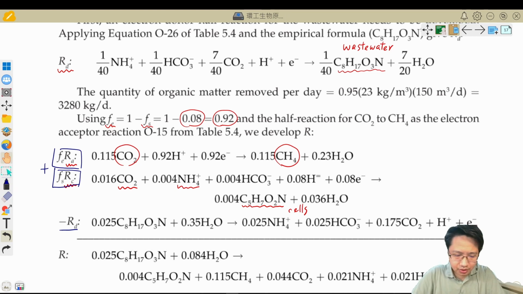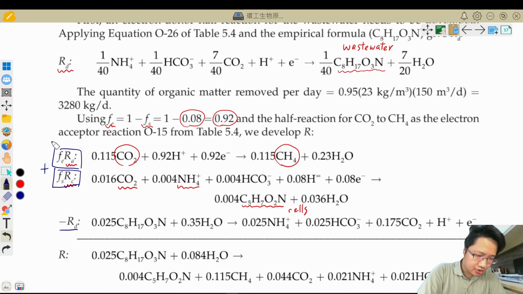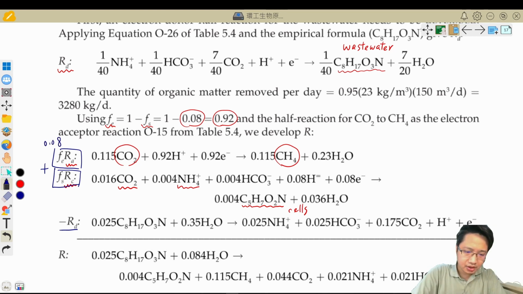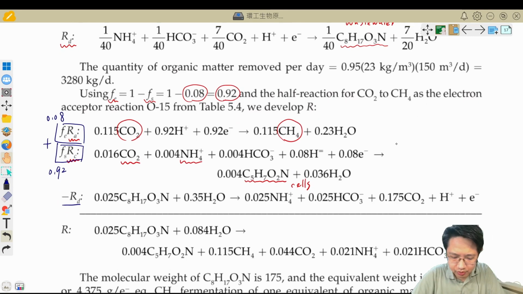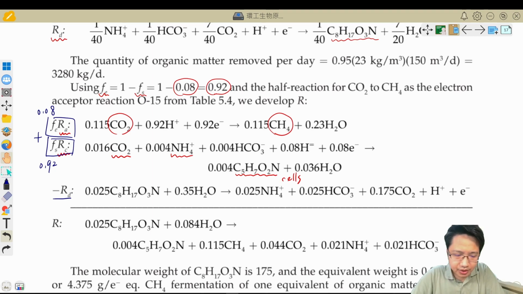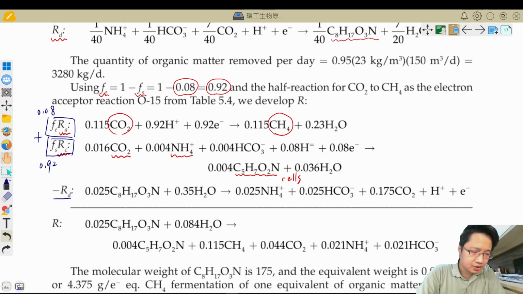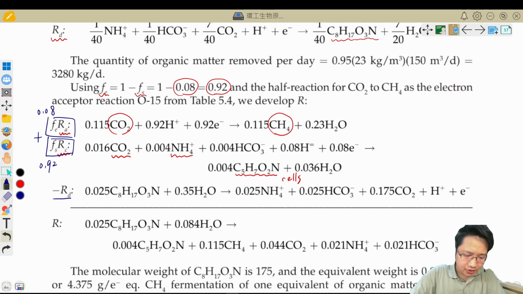So Fs will be 0.08 and Fe will be 0.92. If we combine these three reactions together to get the overall reaction, we will see here.